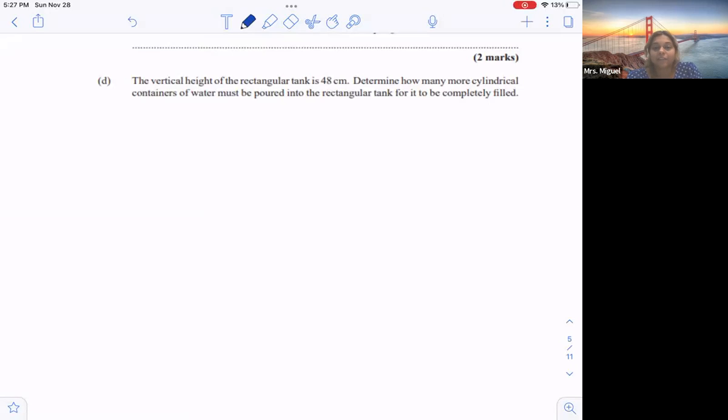We go in again. The vertical height of the rectangular tank, this vertical height is 48. How many more of these cylindrical tanks can I fill so that the vertical height in my fish tank is 48 centimeters? So let's work out the volume of the rectangular tank. Length by breadth by height. Remember, I told you 50 by 40, that is the area of the face that will change.